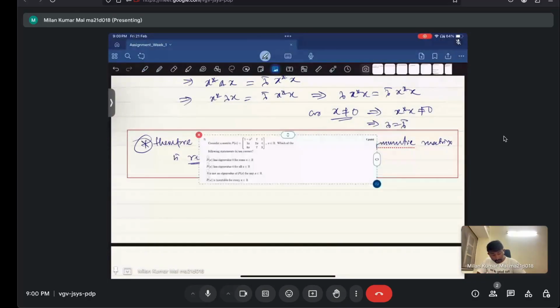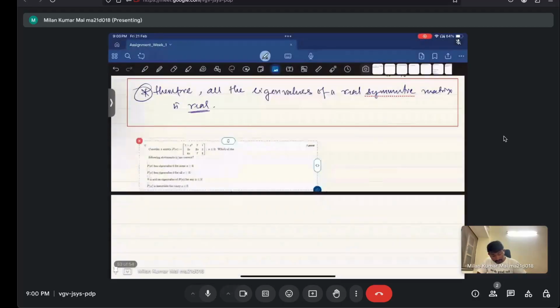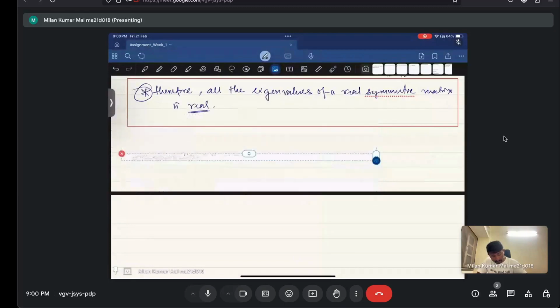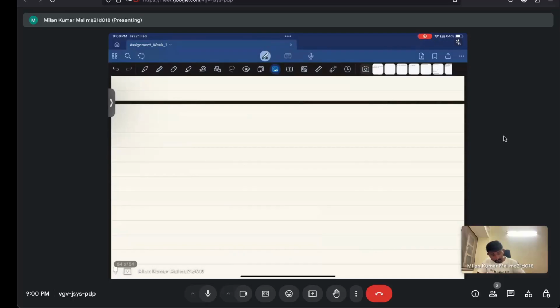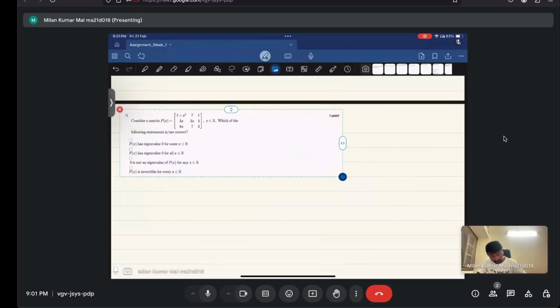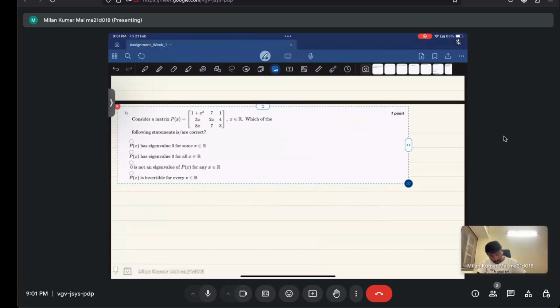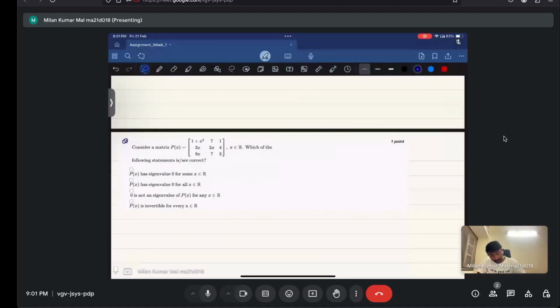This is problem 7. It says: let P(x) be this matrix. Which of the following is or are correct? P(x) has eigenvalue 0 for some x.